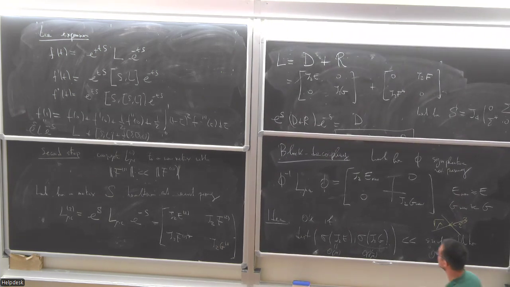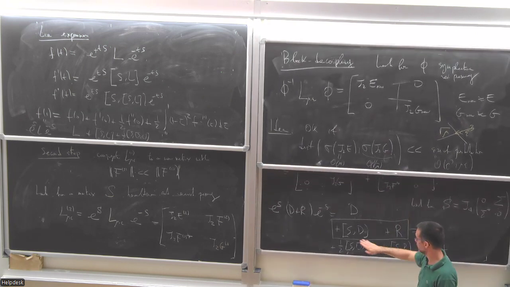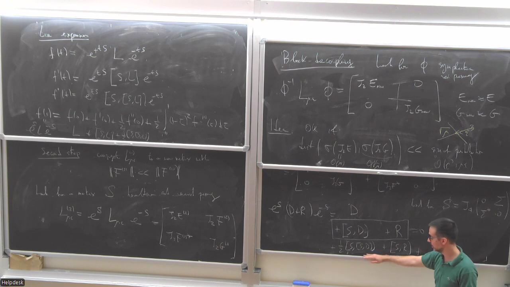And then if this is 0, and S is of small size, then the other corrections, which come from this term, will be of smaller size, because they will have the size of S. For example, this will have the size of S squared.